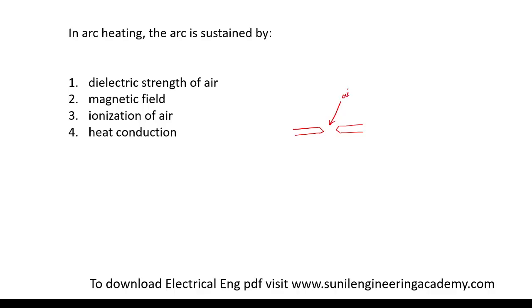Correct? Whenever the air is ionized, plasma will be created that allows electricity through it. That means an arc will be generated. That arc offers low resistance, so current will flow. So the arc is generated and sustained because of ionization of air. The answer is option 3, ionization of air.